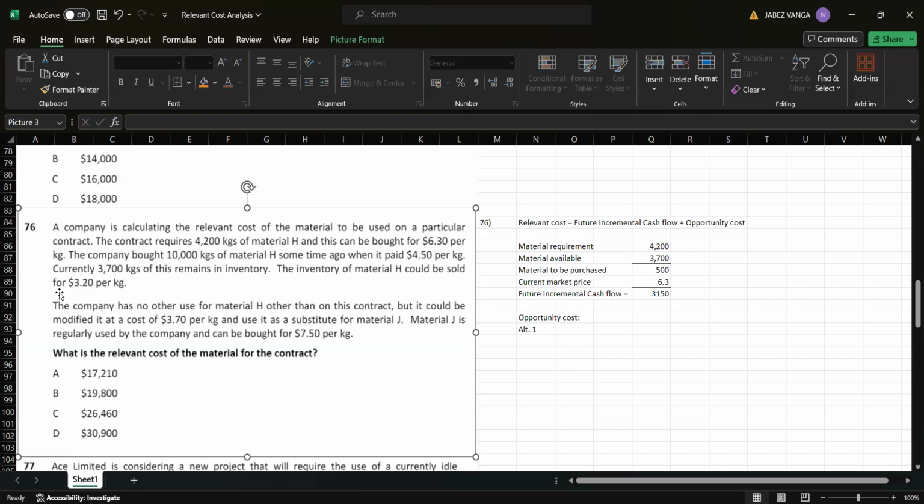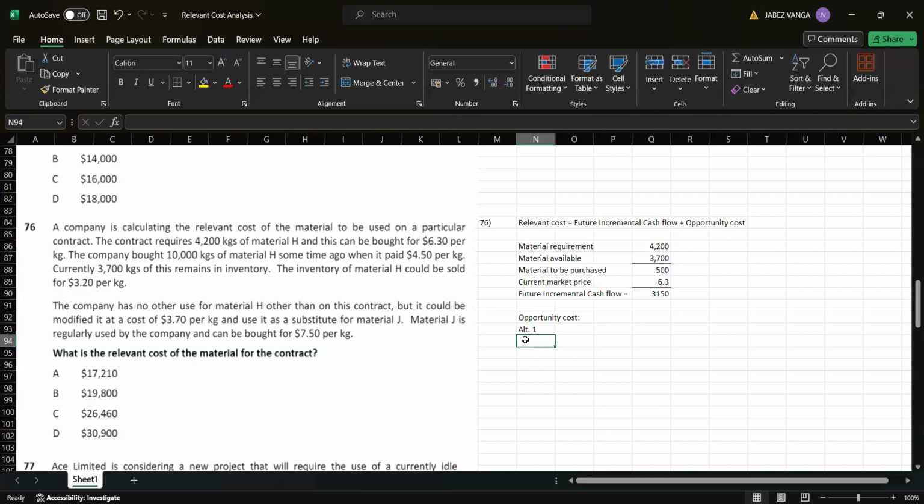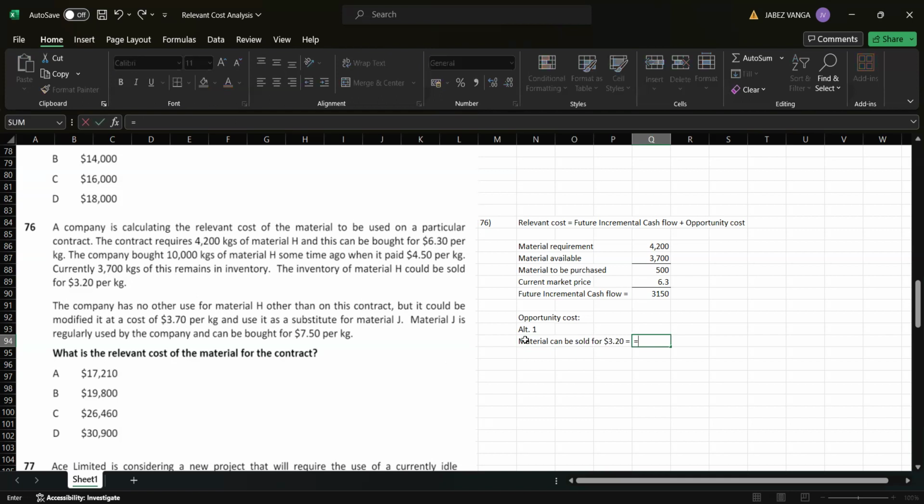Okay, alternative one: material can be sold for $3.20, which is equal to 3,700 kgs into 3.20. Done.